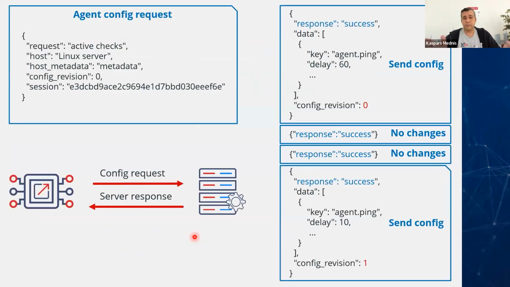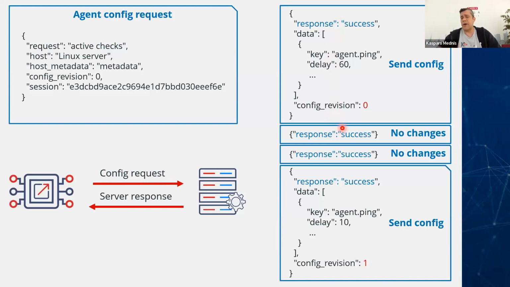And here you can see, if revisions are different, then you are doing some update. If revisions match, there is a request and a small response, like no changes, and that's all.